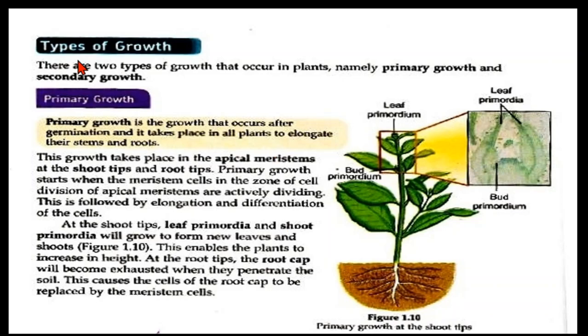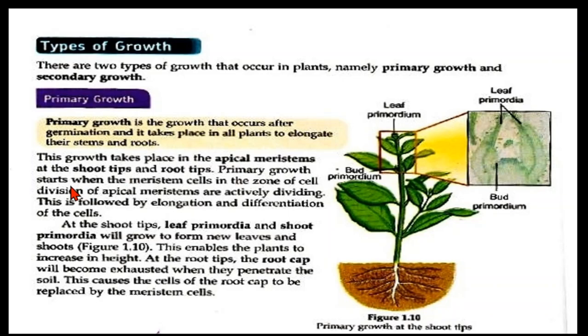So the primary growth takes place in apical meristem at the shoot tips and root tips. Okay, in the previous class we have learned where the apical meristem tissue is. So it is at the shoot tips and also at the root tips.